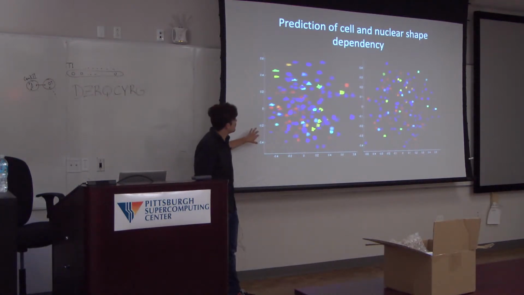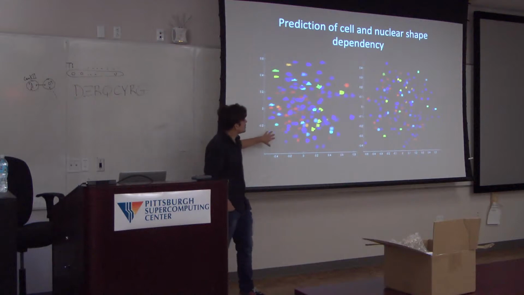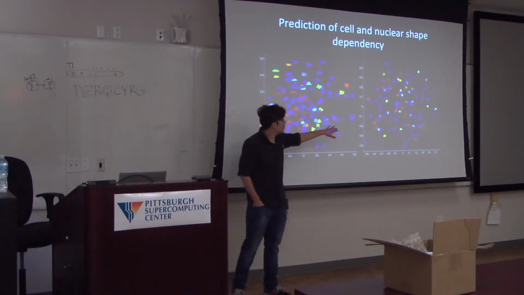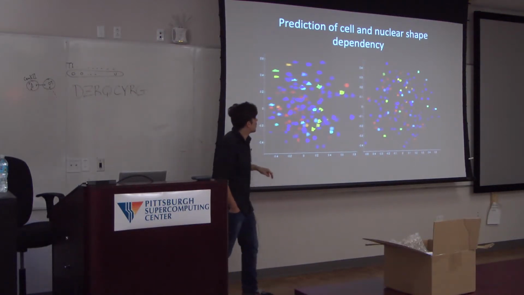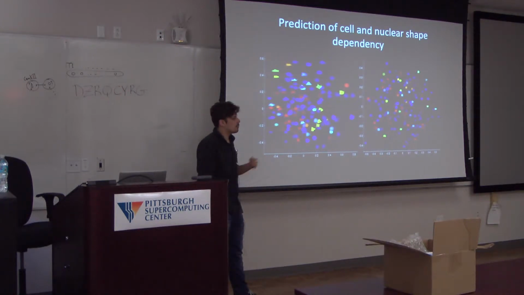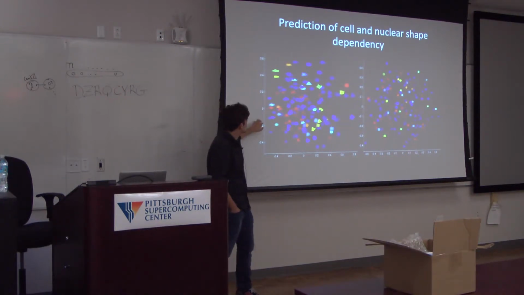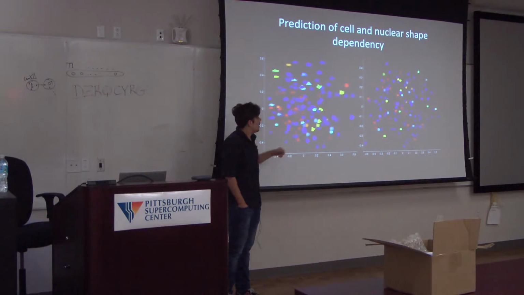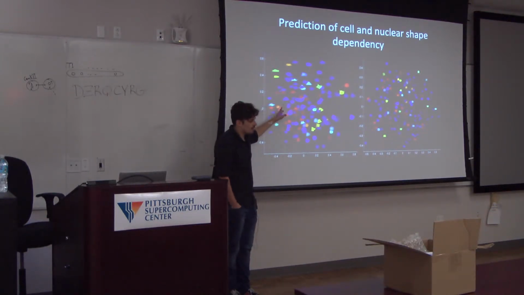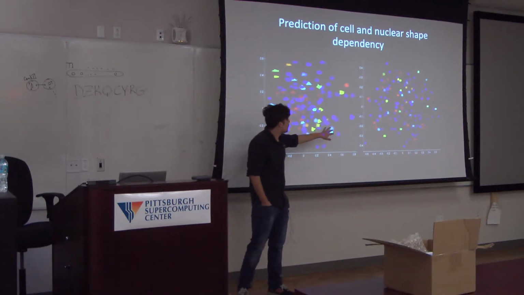All of these cells on the left and nuclei on the right are colored by the prediction error. Cells that are cooler colors correlate very strongly with their corresponding nuclear shapes, and vice versa.